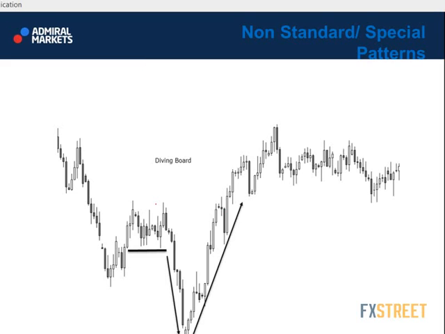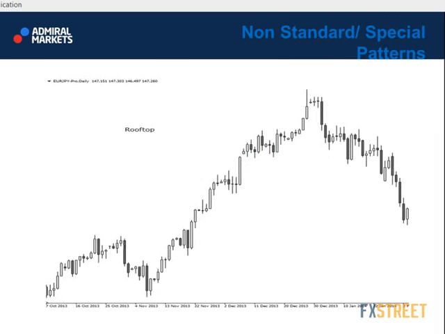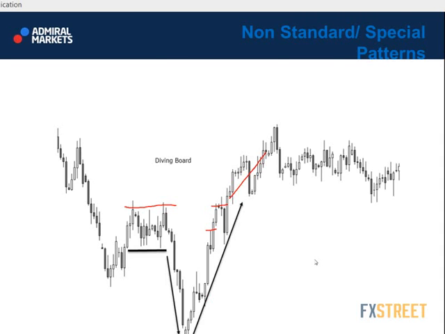In this example, you can see the price went down. You thought you could short it here, but then the usual stop loss is hit, and the price continues to the upside. Okay?